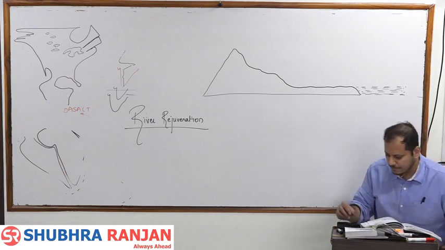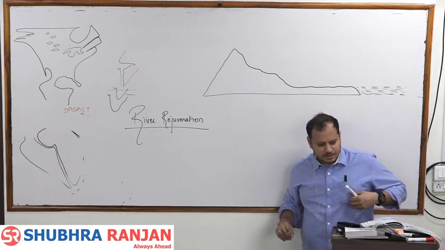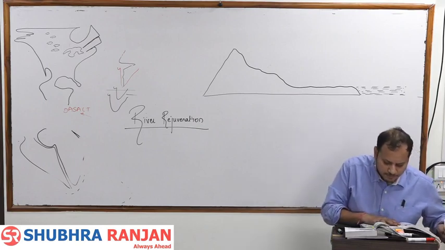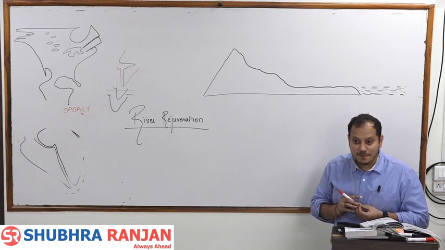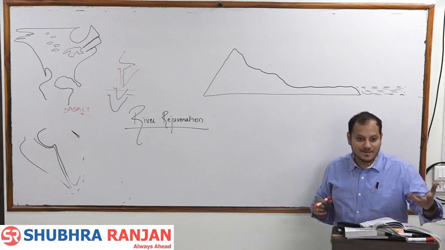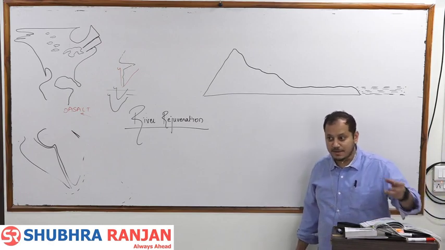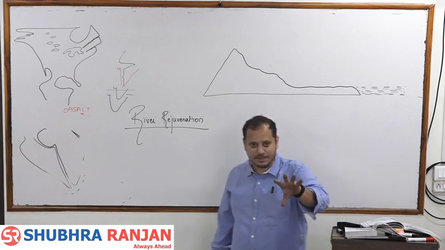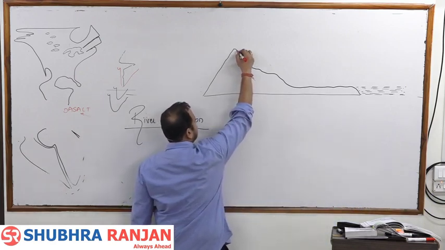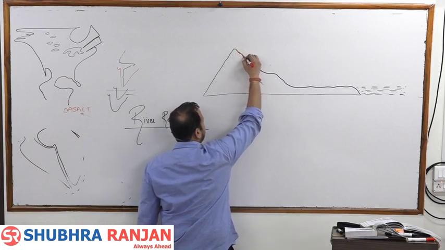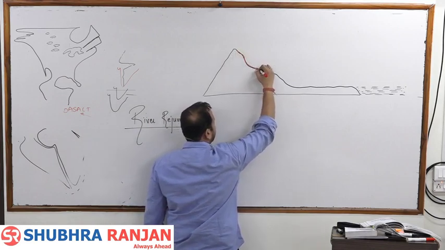Do you know what rejuvenation is in English? Rejuvenation means getting energy again. You get rejuvenated, you get more energy. Now imagine a river. It starts from the glacier. It has more energy. It comes down with great speed. Erosion is greater.